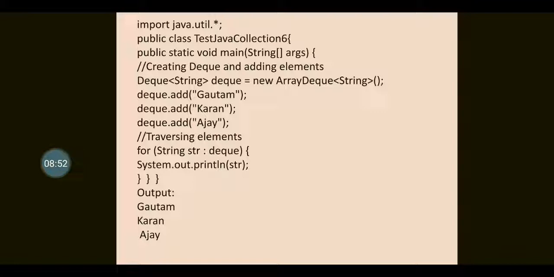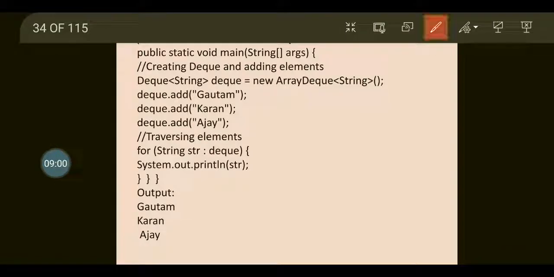Gautam, Karan, and Ajay are enqueued onto the queue, and in order to traverse the elements, as we have seen, with the help of iterator we can traverse the elements, and also with the help of enumerator we can traverse the elements, or else we can use the for each loop.